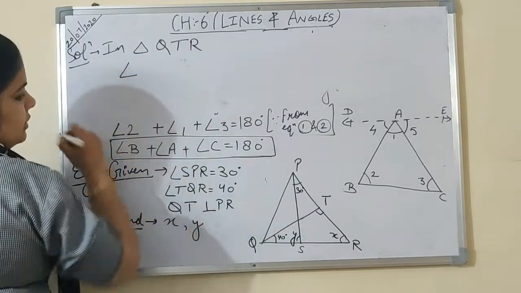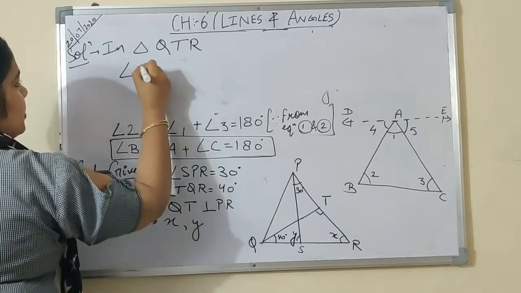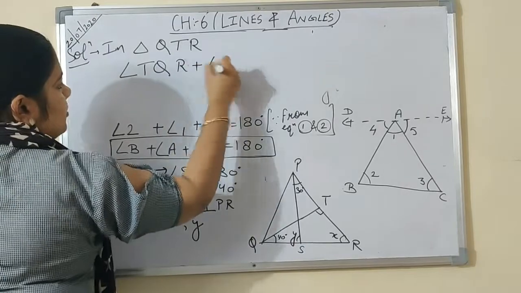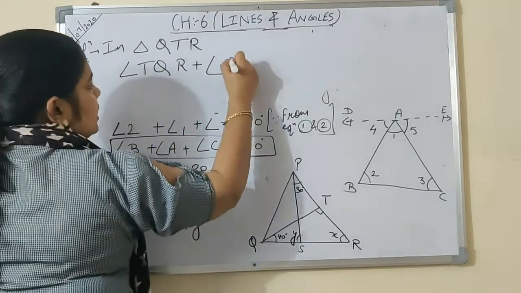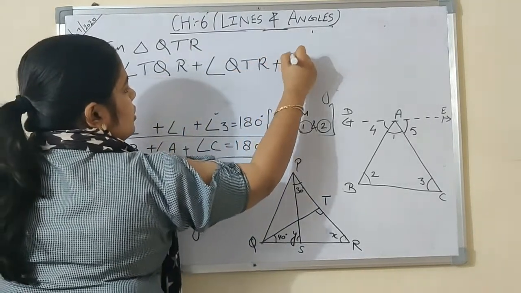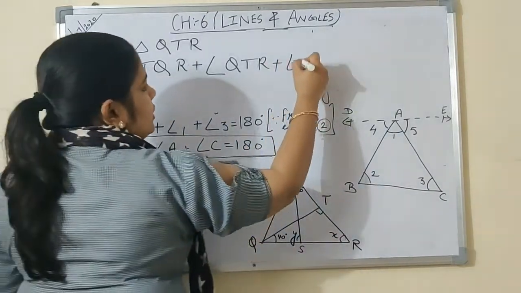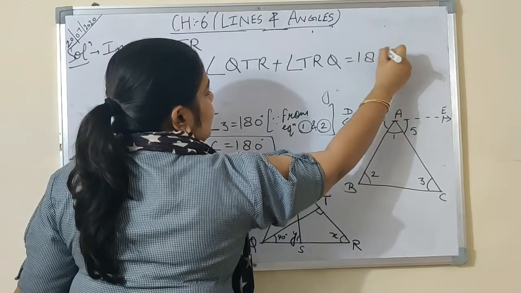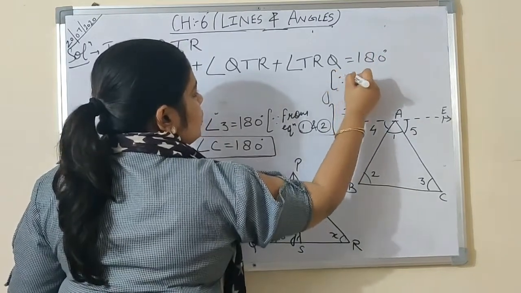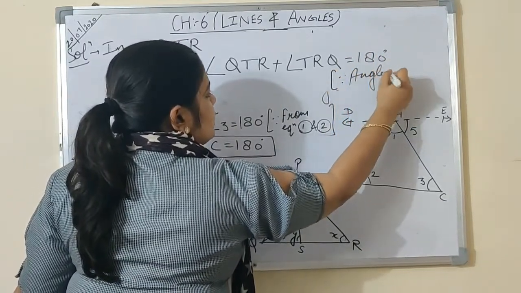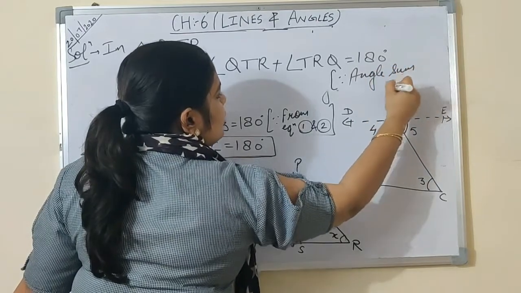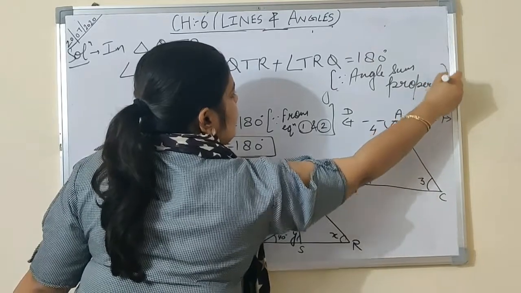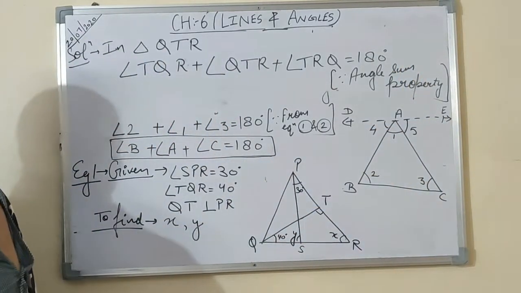Here you can see that we can apply the angle sum property, that is angle TQR plus angle QTR plus angle TRQ is equal to 180 degrees, because of angle sum property.